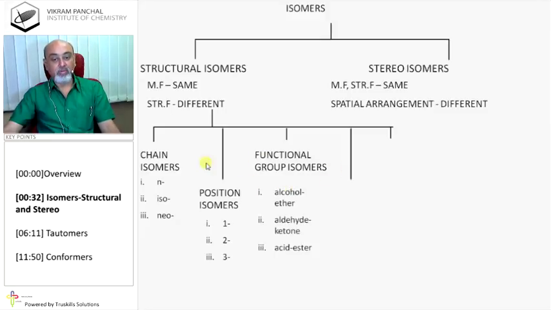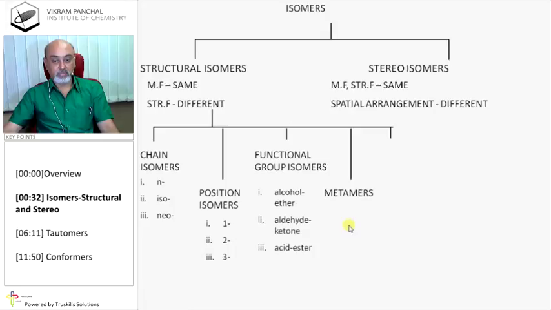For example, alcohol and ether. Alcohol and ether are having common formula CnH2n+2O. Therefore, they are functional group isomers. Aldehyde and ketone also have the same molecular formula. They are known as functional group isomers. Even acid and ester are functional group isomers.